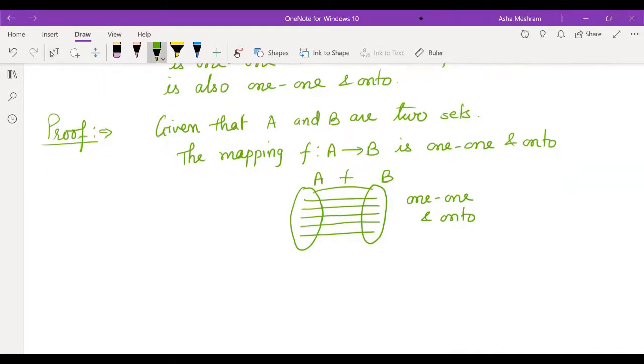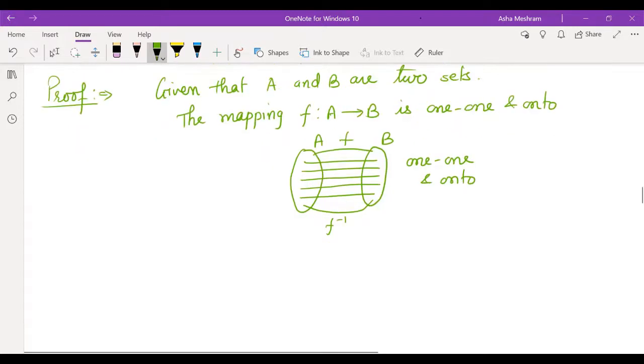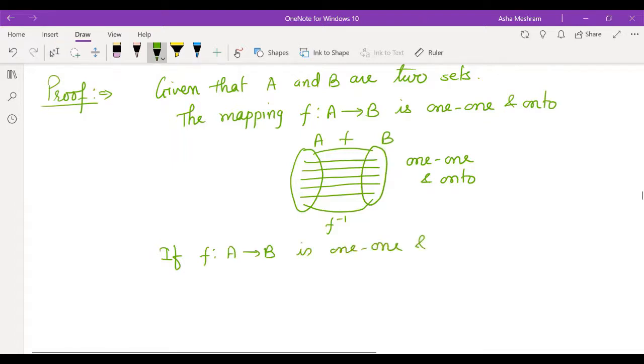So in this case we can define its inverse mapping, which is given by F inverse, a mapping from B to A. So if F mapping from A to B is 1 1 and onto, then F inverse mapping we can define from B to A exists.